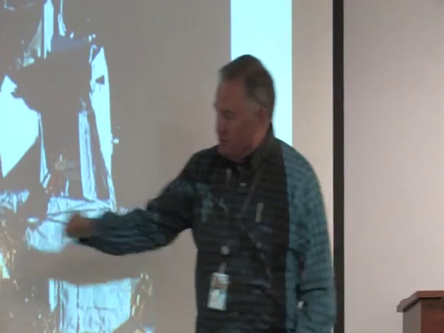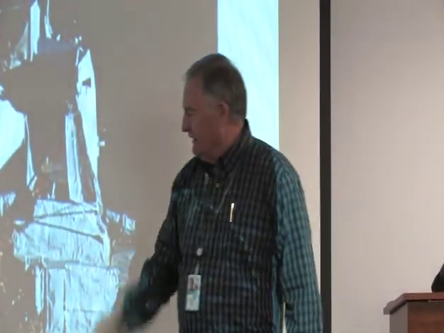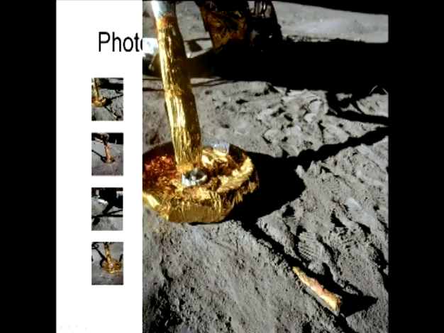Well, he was basically coming this way, translating up the hill. This is kind of a close up of that probe, and you can see he hit and just kind of rolled it over.